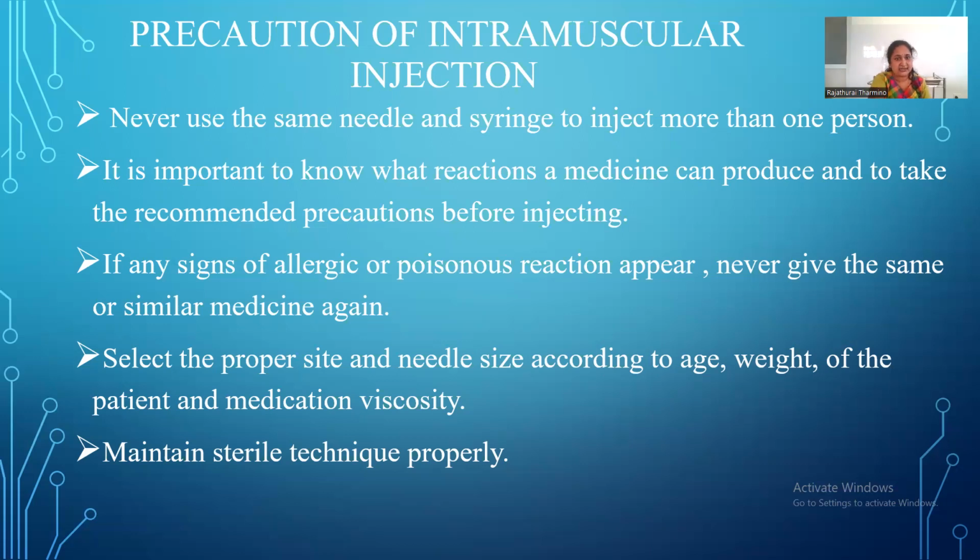If any signs of allergic or poisonous reaction appear, never give the same or similar medicine again. Select the proper site and needle size according to age, weight of the patient and medication viscosity. Maintain sterile technique properly.